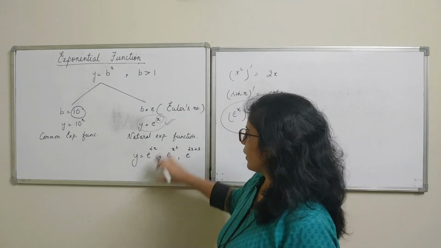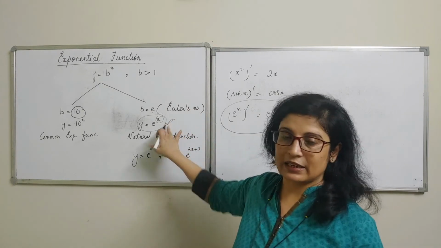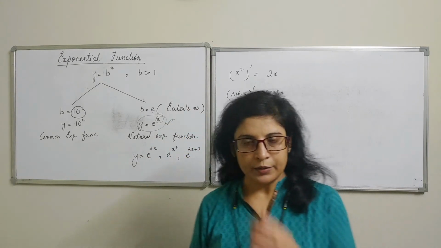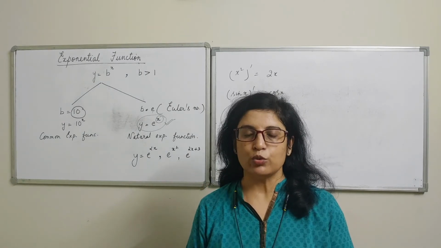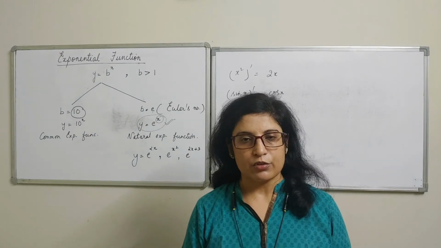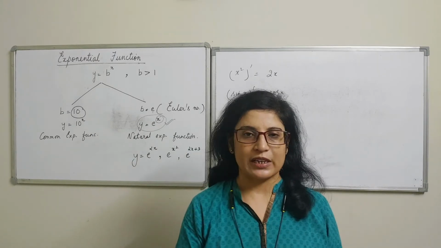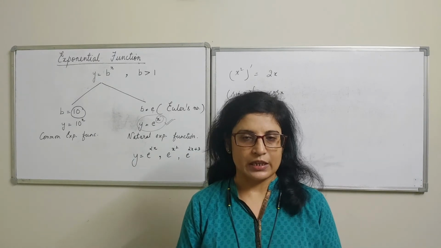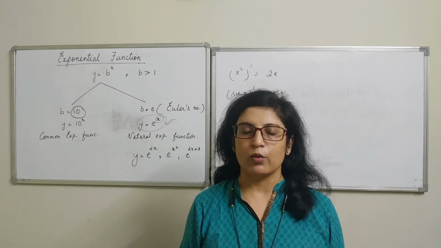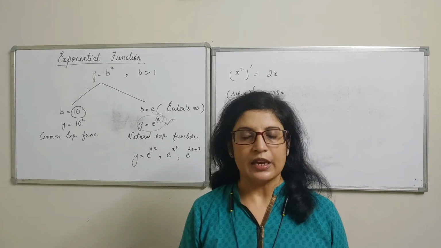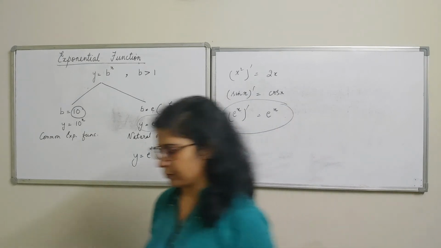Alright, so now we are going to see what exactly is e. Euler was a Swiss mathematician who came to know what exactly is e. So we are also going to explore what is e. As of now, we know e is a real number which is greater than 1. What did Euler tell us more about e? That's what we are going to explore.